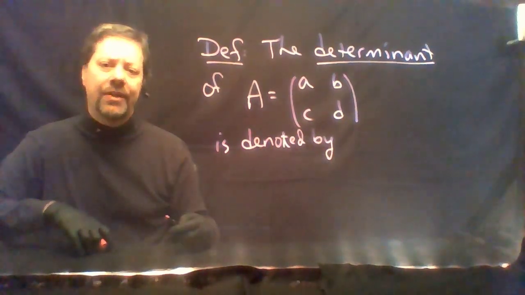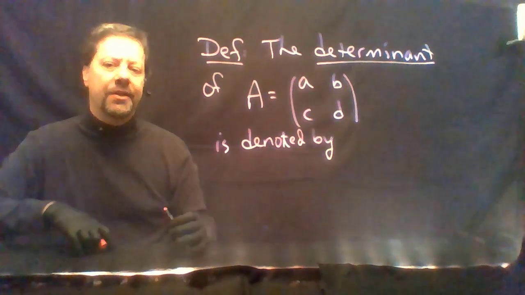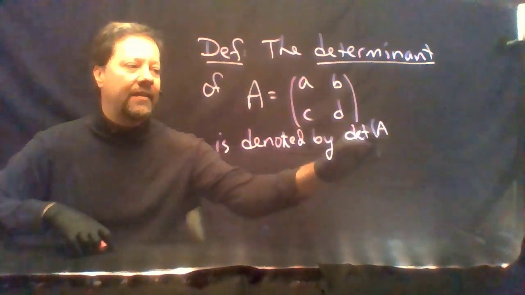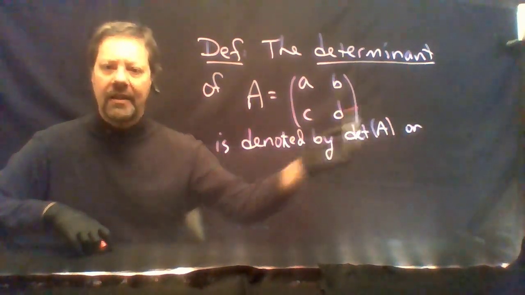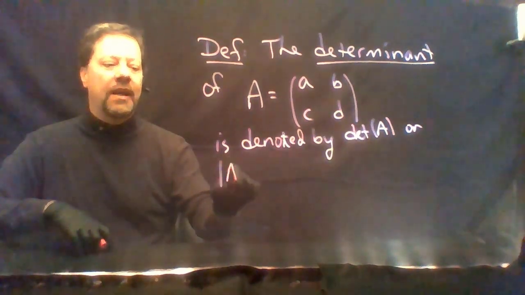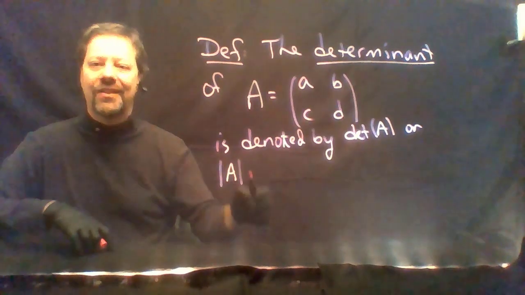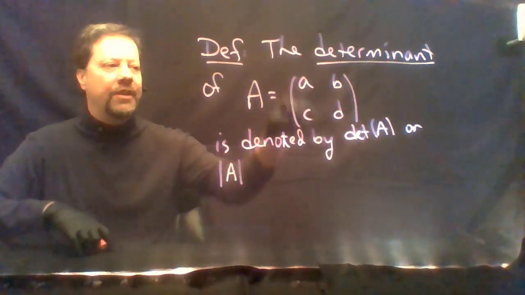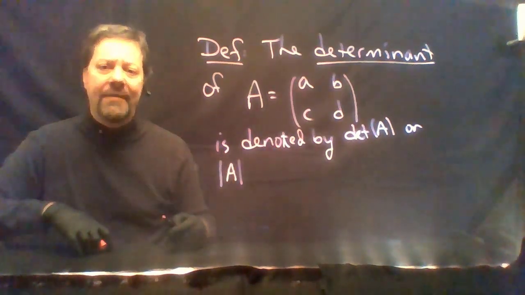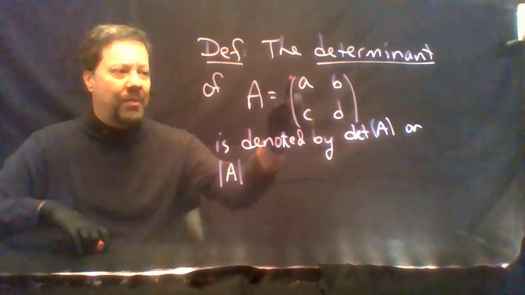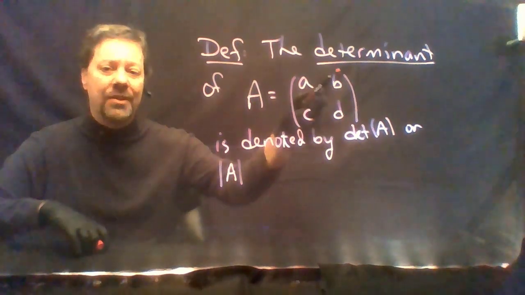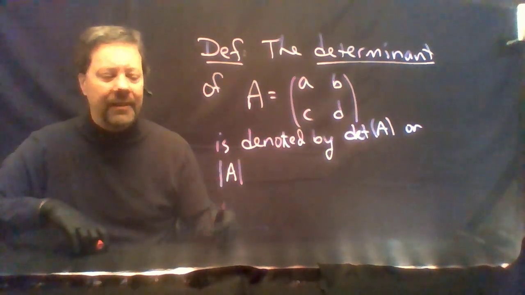First of all, some notation. When we talk about a determinant, we sometimes write det of A, and even more often, a flat bar on each side of the matrix. Notice that we're using rounded parentheses in describing the matrix. If you replace the parentheses by a flat bar, that implies that you're performing an operation on the matrix called the determinant.